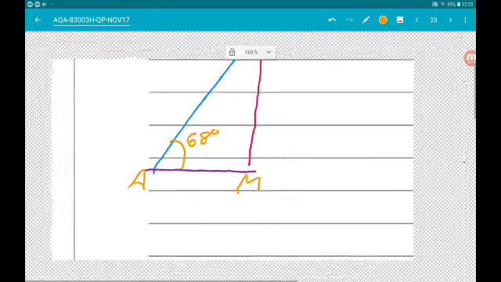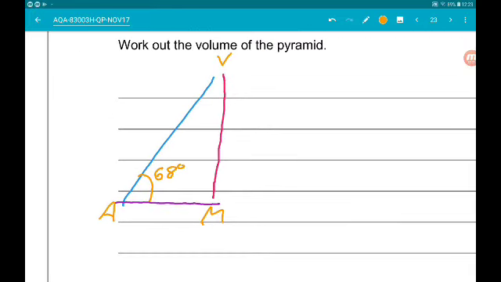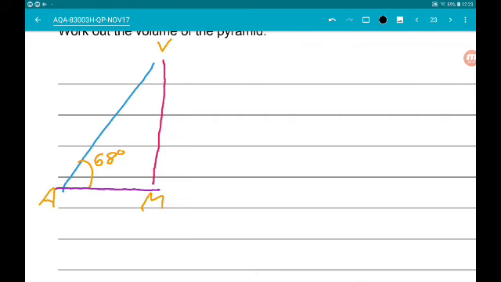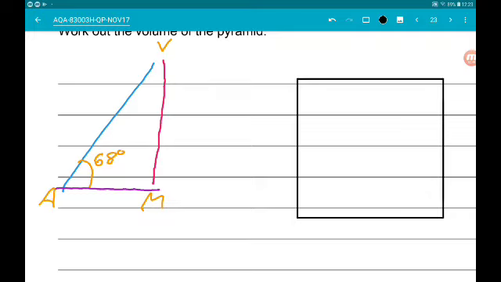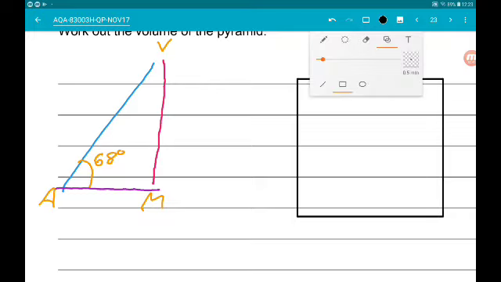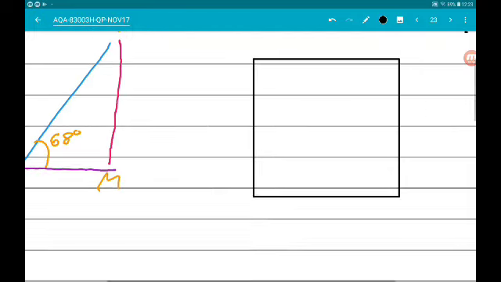Now we need the height of the triangle because that's part of the volume formula for a pyramid. Now we know an angle, it's a right angle triangle, so it's SOHCAHTOA. We need one of the other 2 lengths. Now luckily we can get AM. So we know that the base is a square with side lengths of 10.